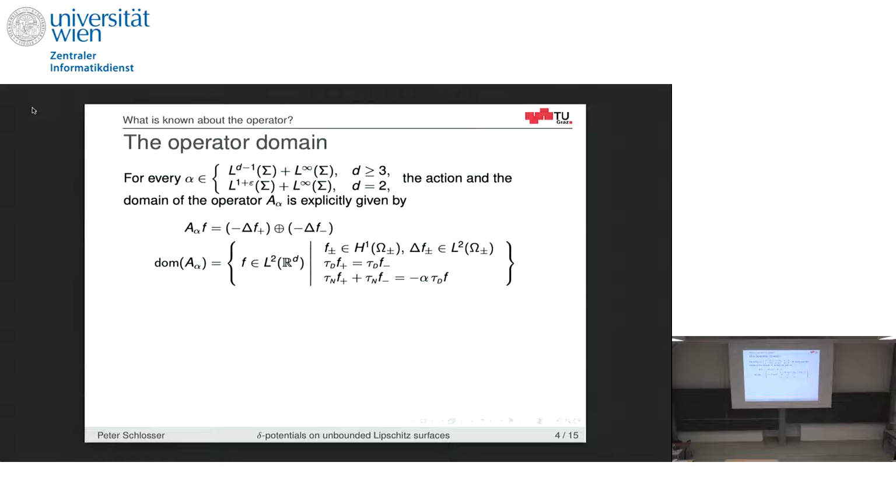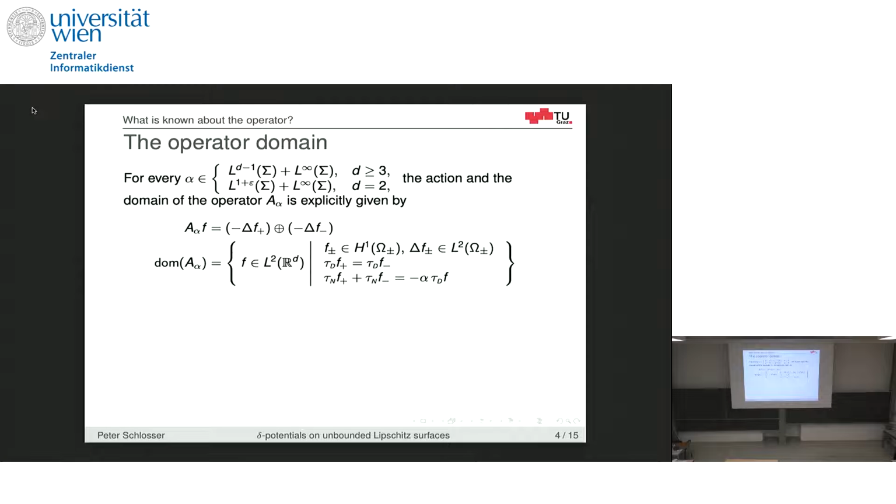So we get this alpha, and using Green's identity, integration by parts and so on, introducing also here, you see, the Neumann trace, you get this form of the operator domain where it acts like minus Laplace away from the surface.